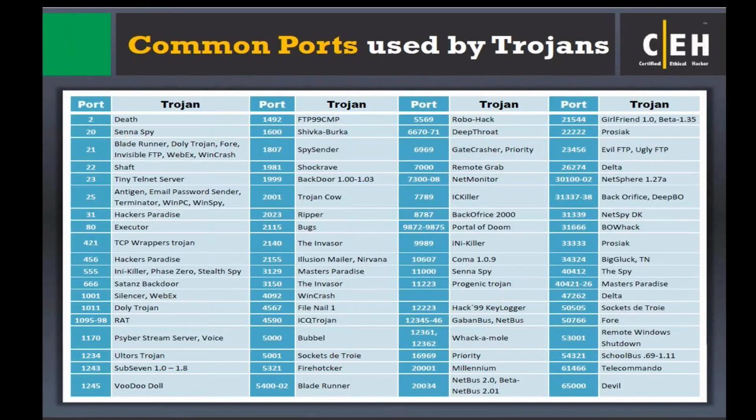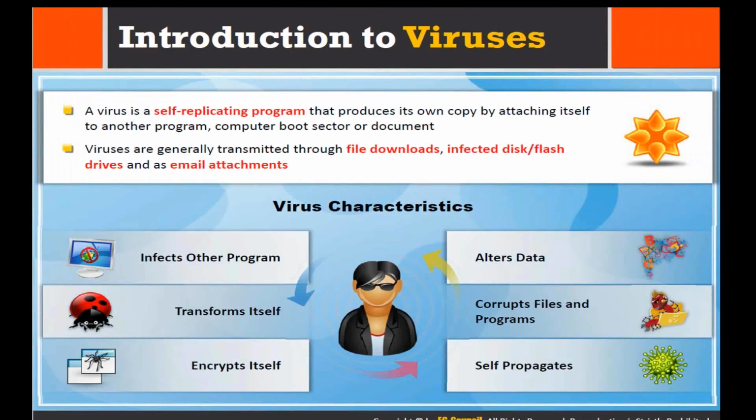What else? These are common ports used by Trojans. They change all the time, but this is from our valuable CEH class, Certified Ethical Hacker class. So if you come and join us at IT Masters, we do deliver this class as well. We do talk in detail about that later. What is a virus?